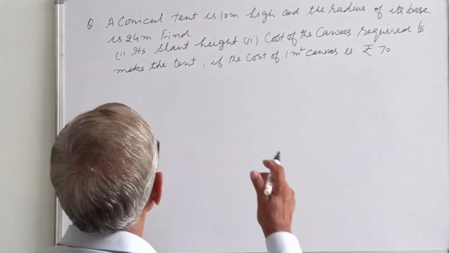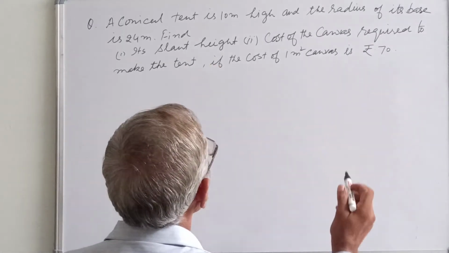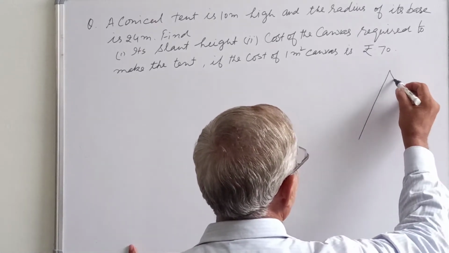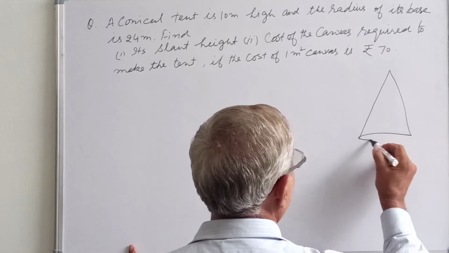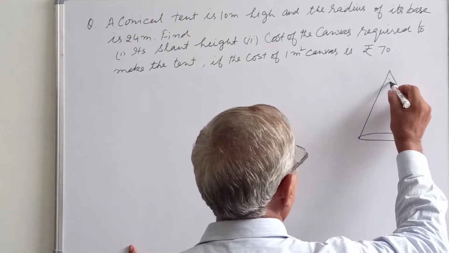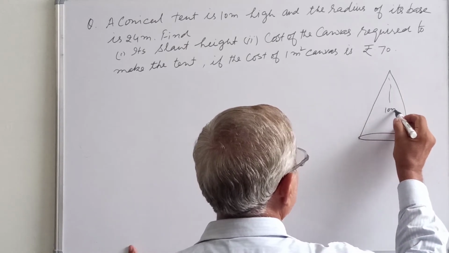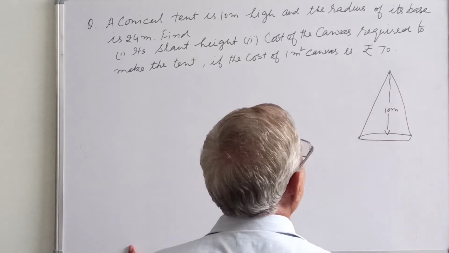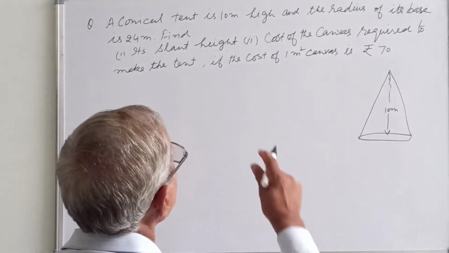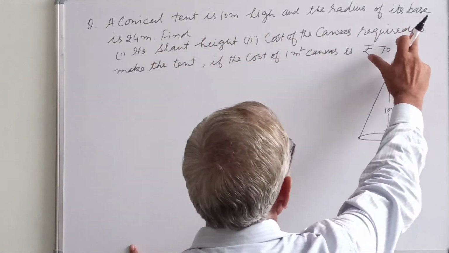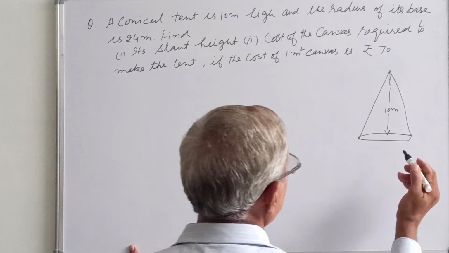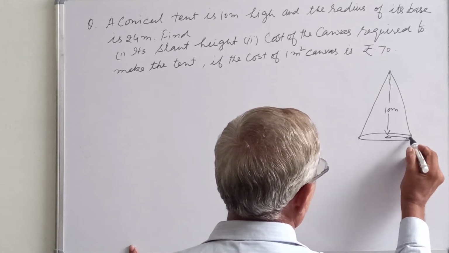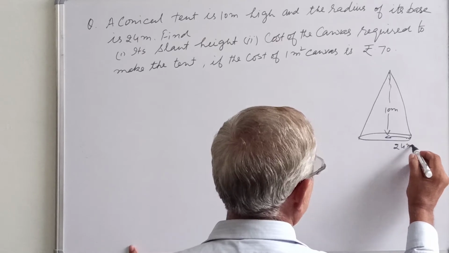The next question is: a conical tent is 10 meter high and the radius of its base is 24 meters.